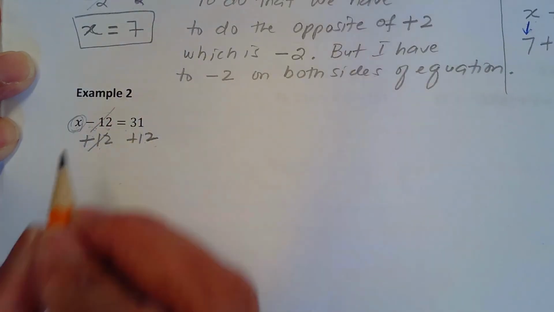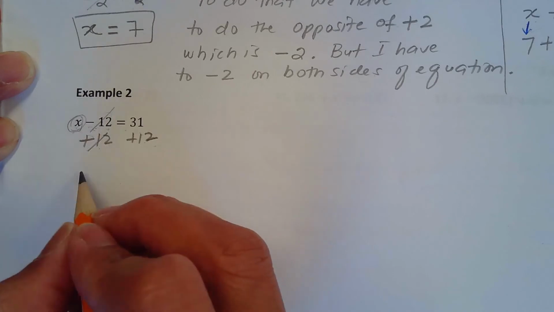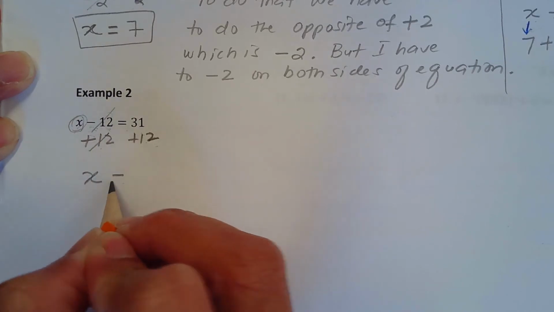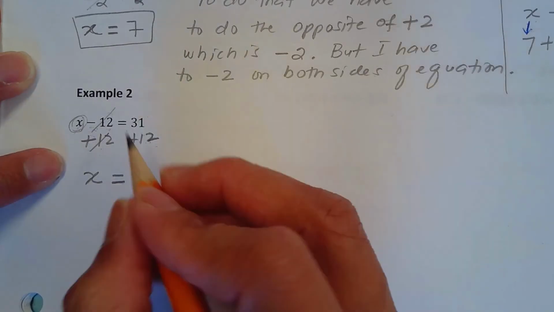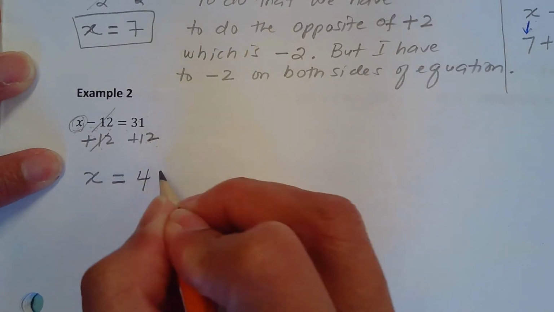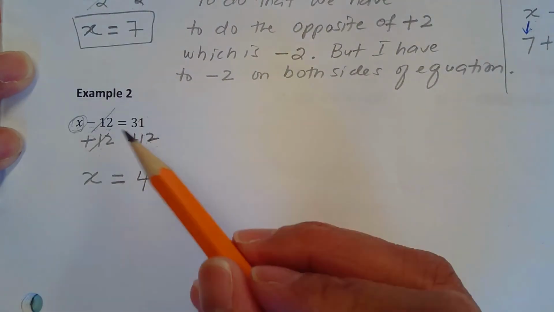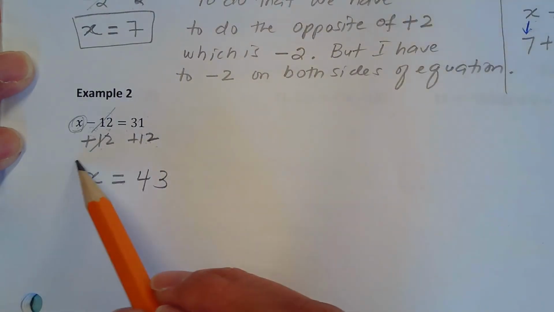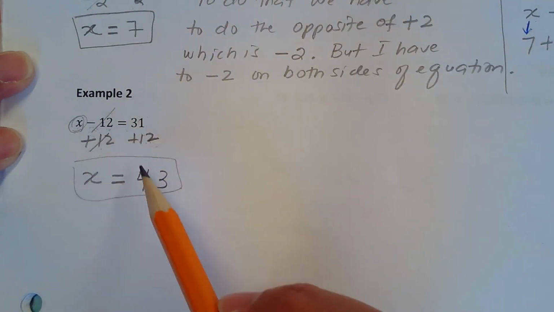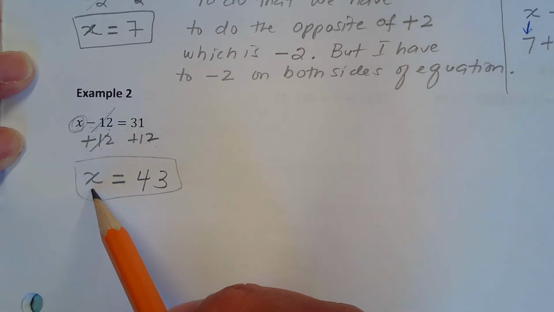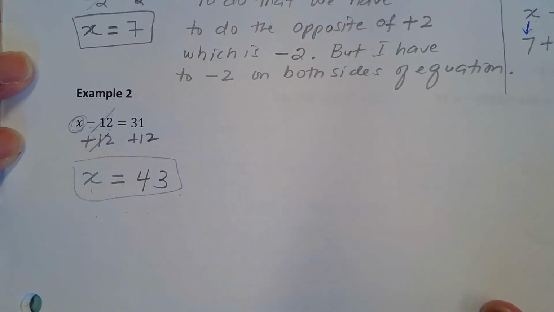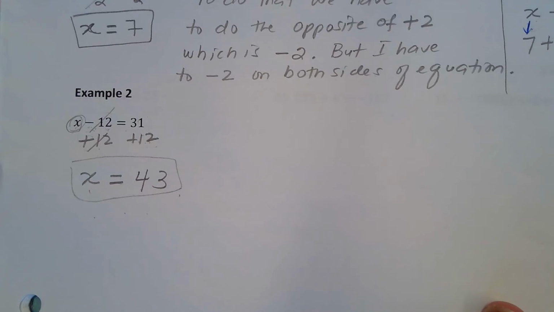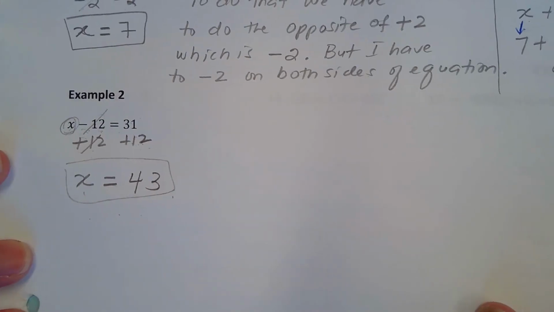Cancel, cancel. What's left over on this side? We're left with x. And what's this one? This is gonna give us 43, okay? And as you can see, the answer has x equals to it, right? x equals 43. And how do you know if your answer is correct?